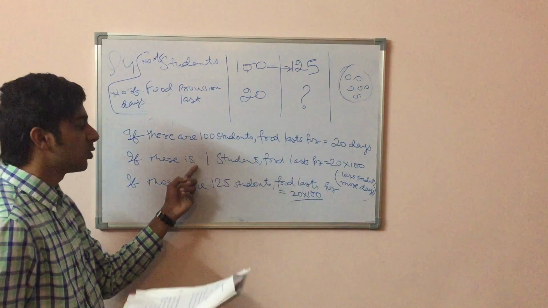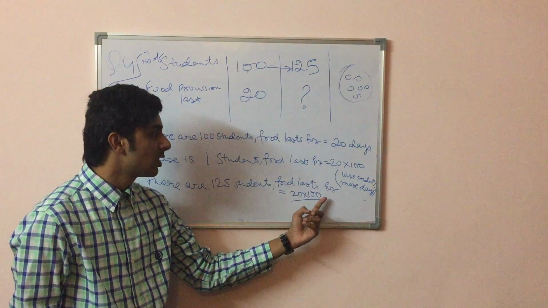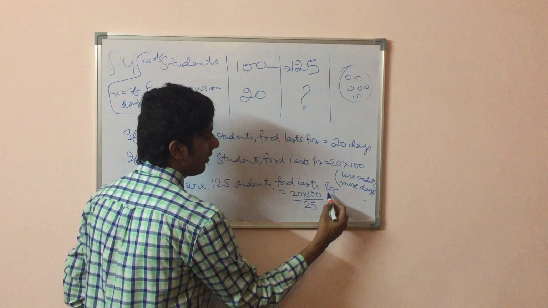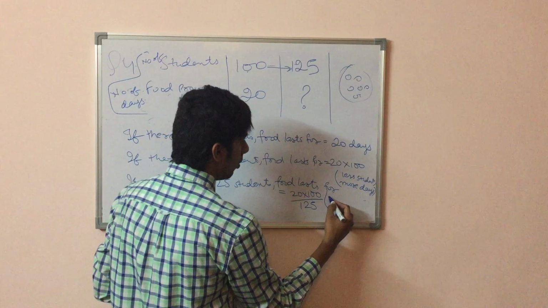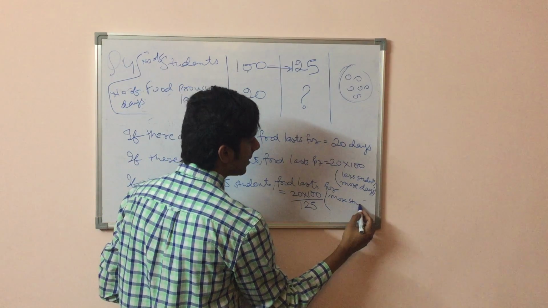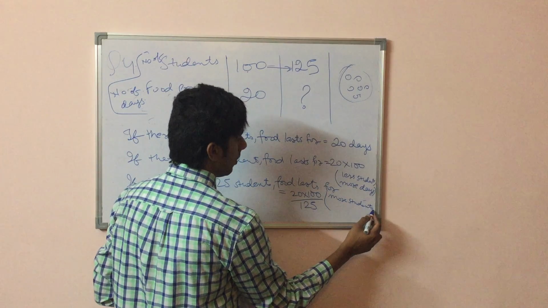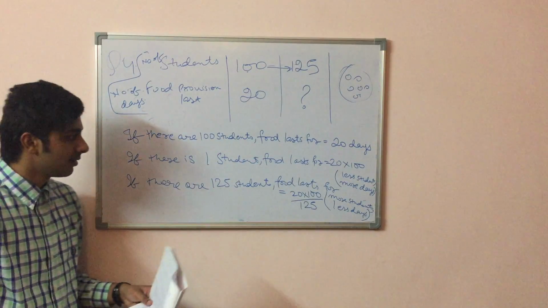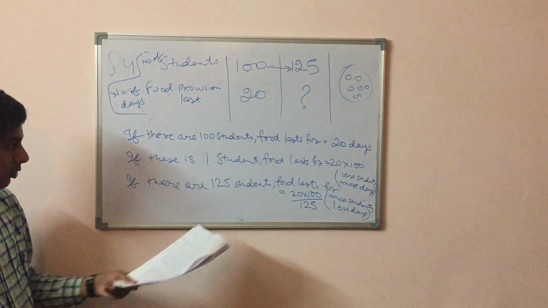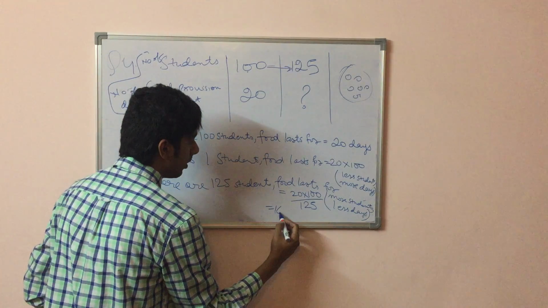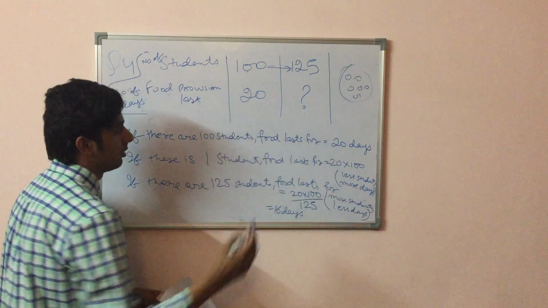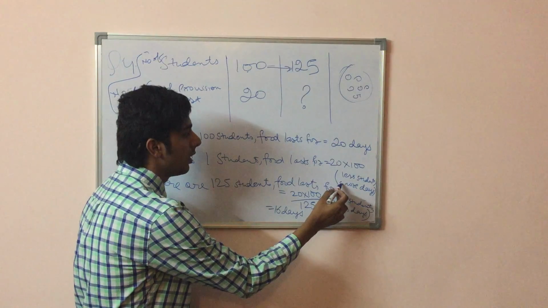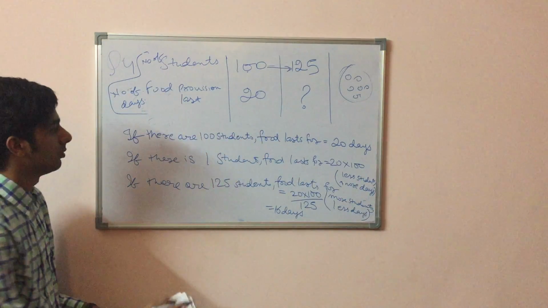Now as the number of students increases, the food will last for less days. So this will be divided by 125. The reason is more students, less days. So it will be coming out to be 16 days. So less students, more days, more students, less days. So it is a case of inverse proportion, right?